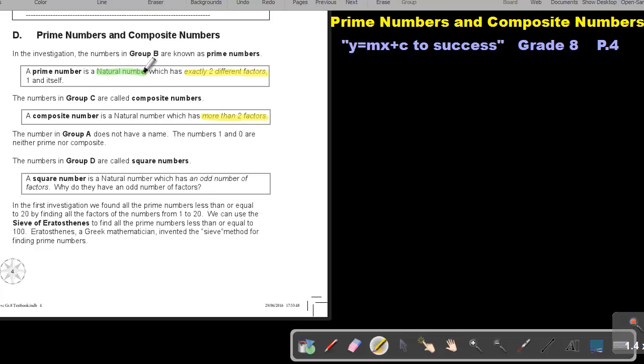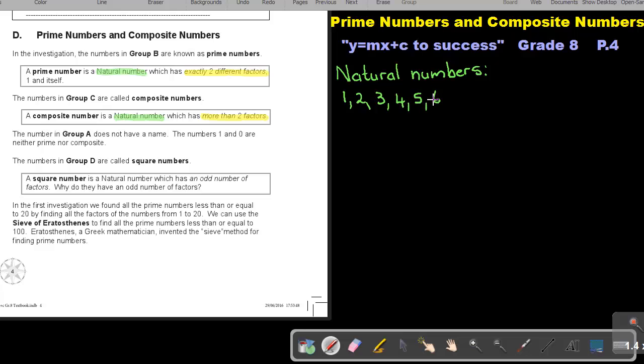A natural number. So let's start this lesson by looking at what natural numbers are. Natural numbers start with the number 1, not 0. And then basically, it just continues.